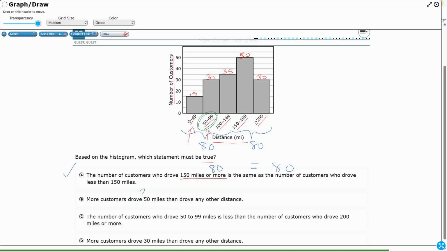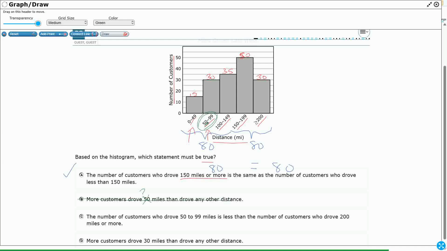So histograms do not get us exact information. And even if for some reason we thought they all drove 50, this bucket is 30. We've got 50 people over 150 and 199. But that doesn't help us because we don't know how many people drove 50. Okay, so we cannot answer that.